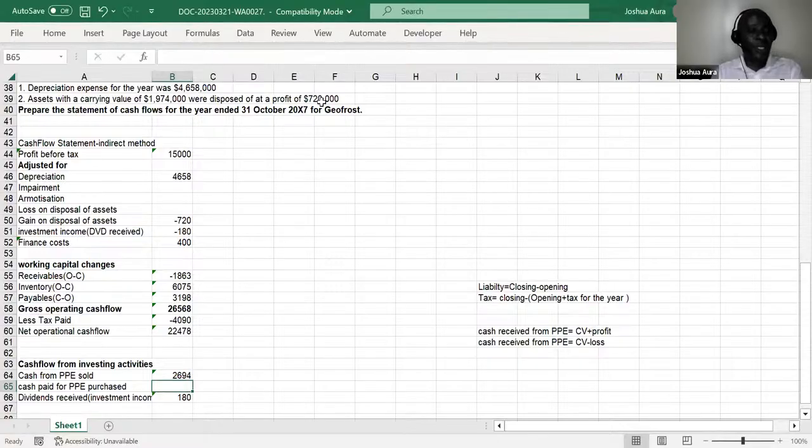But before I continue, ladies and gentlemen, when you want to get PPE purchased especially, I'm so sure most of you are so much used to these useless T accounts. They are very useless. Those are what we should be calling hot air. Yeah, revaluations, I love revaluations.